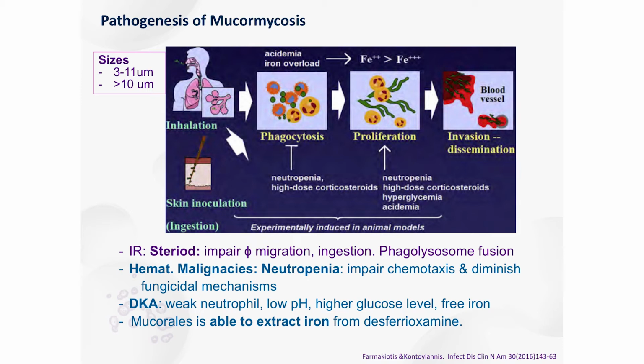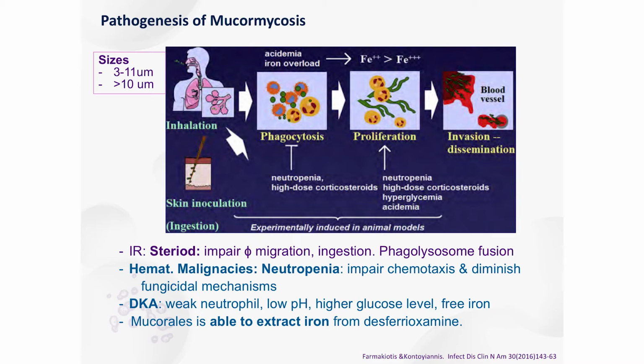The small one can get into the alveoli, and the big one can get into the sinus, or sometimes it just invades up to the cranium. For the healthy host, the macrophages and neutrophils will be very healthy, and they can kill the germ and do not let it invade into the blood vessel.